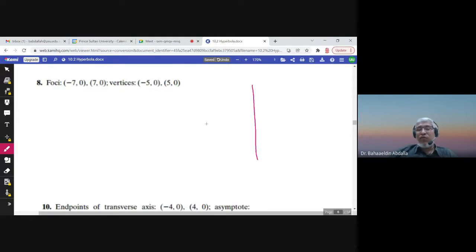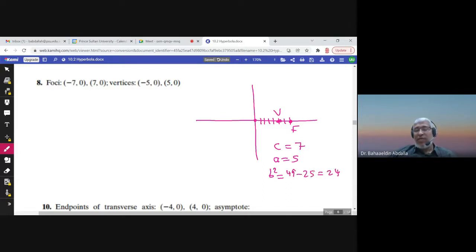Here, the foci are 7, 0 and negative 7, 0. So the center is 0, 0. And this is one of the foci, so c is 7. The vertices are here, so a is 5. So b squared is 49 minus 25, and that's 24.